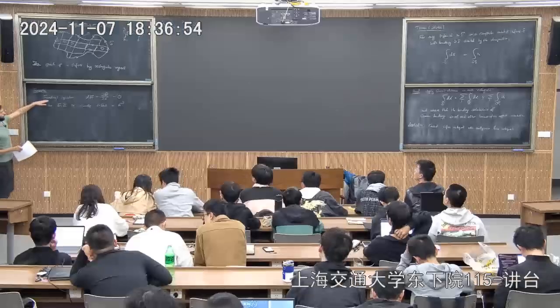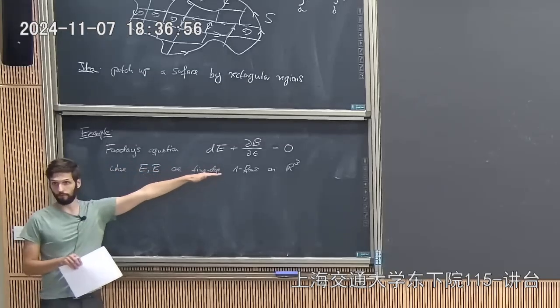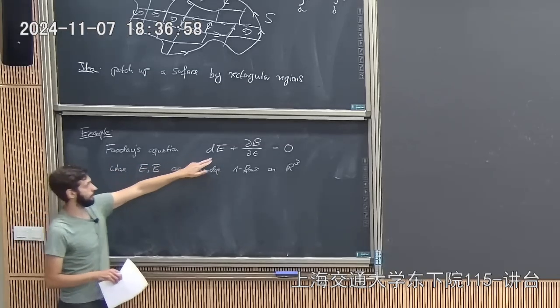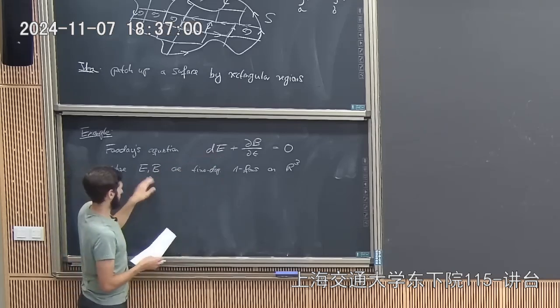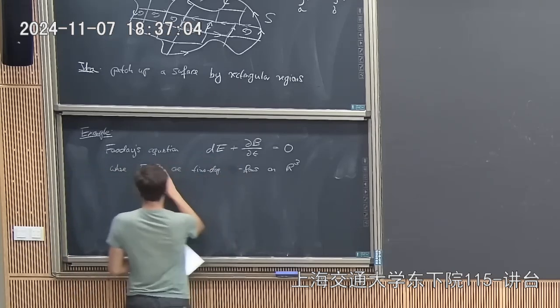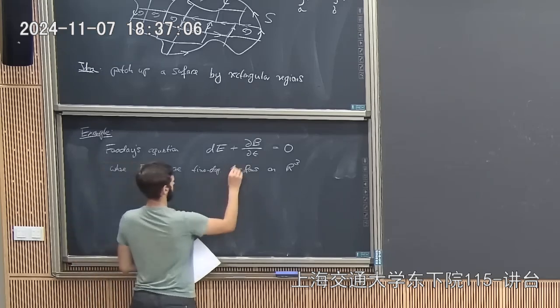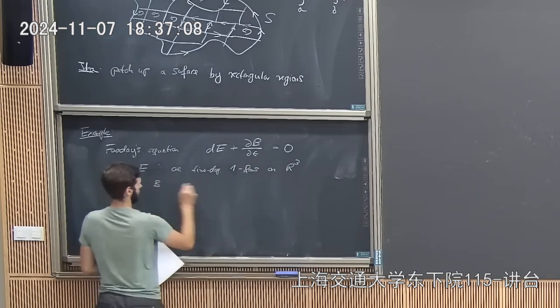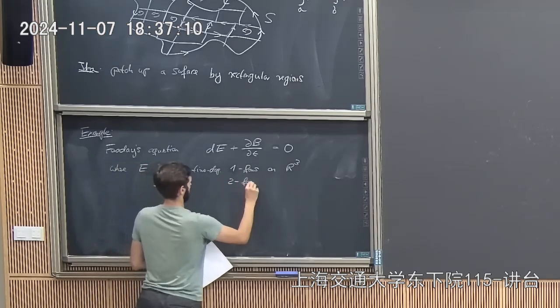So that's Faraday's equation in differential forms, where here is a one-form and here is a two-form.